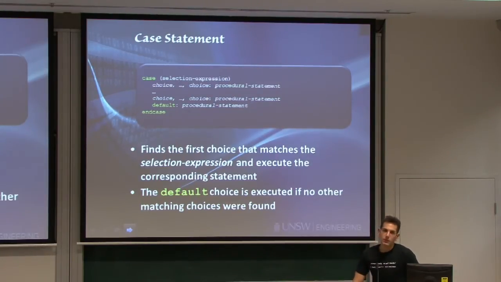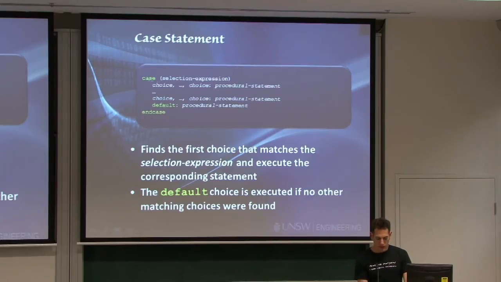The case statement is very similar to the switch statement in C. Again, the parallels with C. The idea is to choose one of a few different choices and execute only a certain segment of code according to that choice.